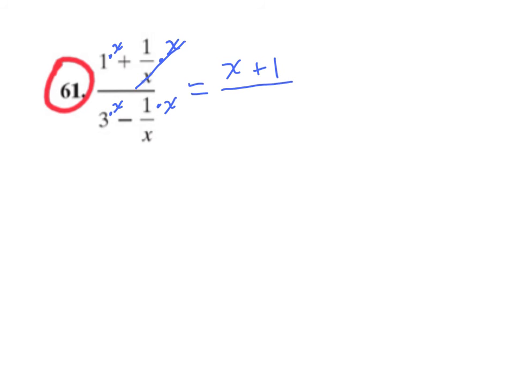Bring down my fraction bar. 3 times x is 3x, and the x's top and bottom here will cancel, so I just have a minus 1. And now you can see you still have a fraction, but you don't have those smaller fractions within your larger fraction. This doesn't simplify any further, so you're done.